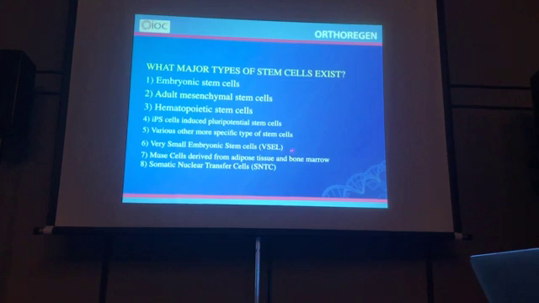There are the VSEL cells, the very small embryonic-like stem cells that were discovered during leukemia research, I think. Muse cells derived from adipose tissue and bone marrow, and the somatic cell nuclear transfer cells, in which you remove the nucleus of one cell and put another nucleus in, the so-called cloning, like the Dolly sheep here, fits in this category here.